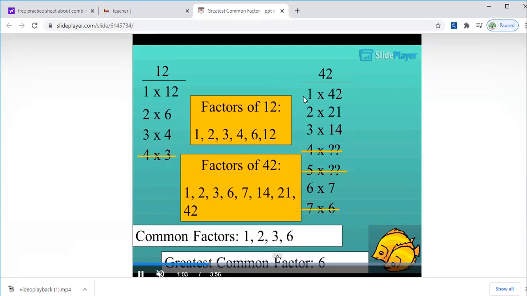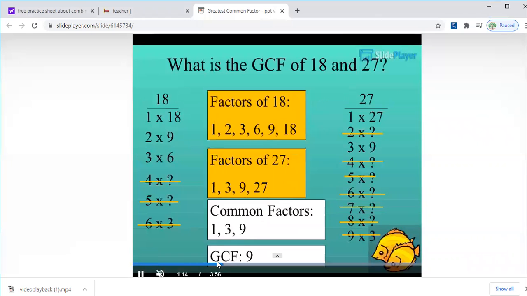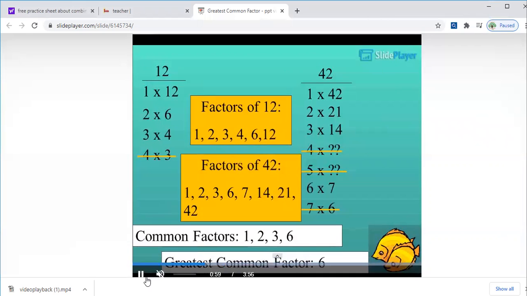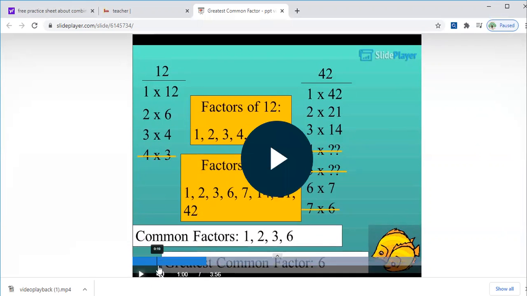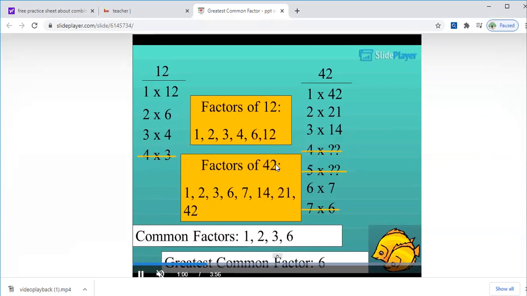So we have 1 times 42 equals 42, 2 times 21 equals 42, 3 times 14 equals 42, 6 times 7 equals 42. Then we stop once we have the same numbers reversed, like 3 times 4 and then 4 times 3.